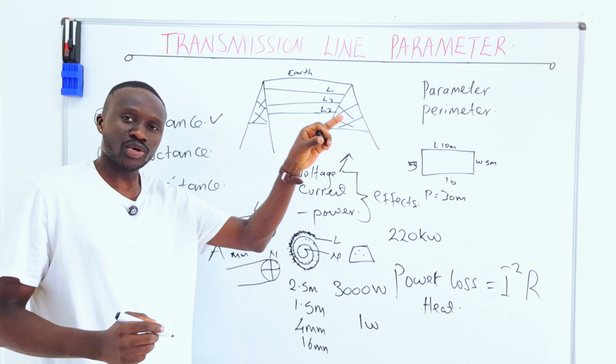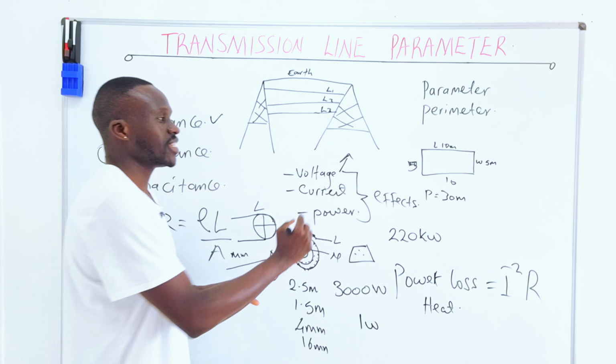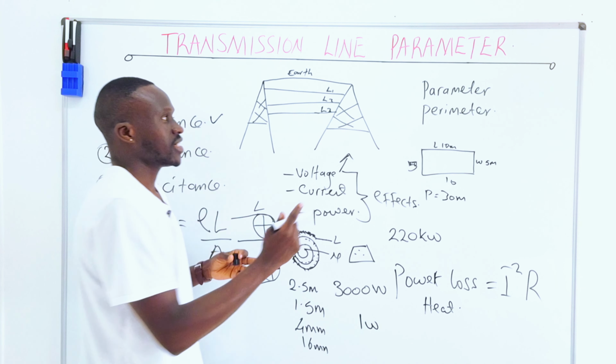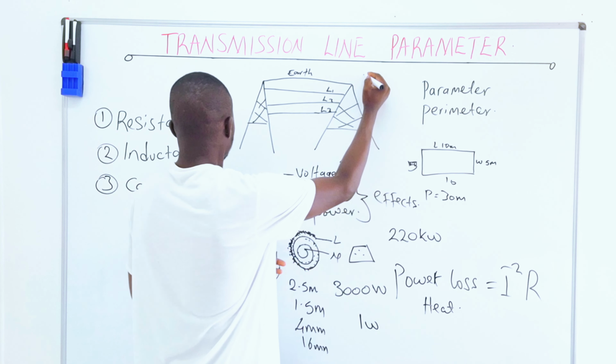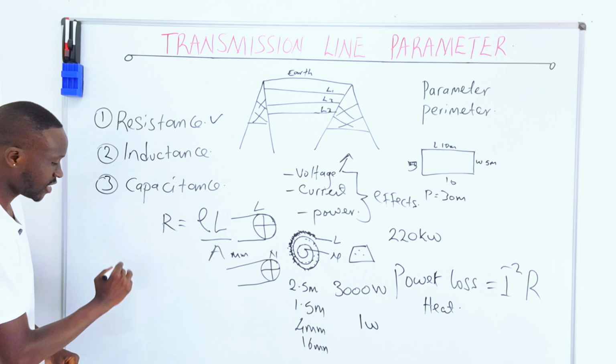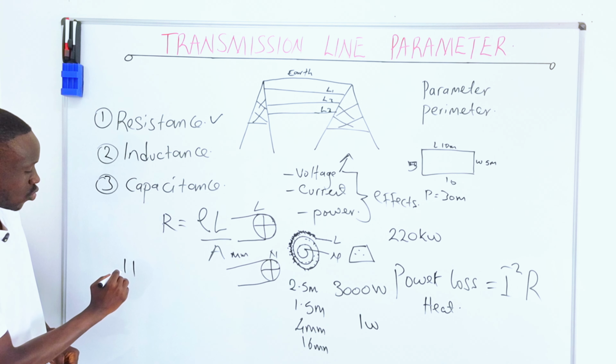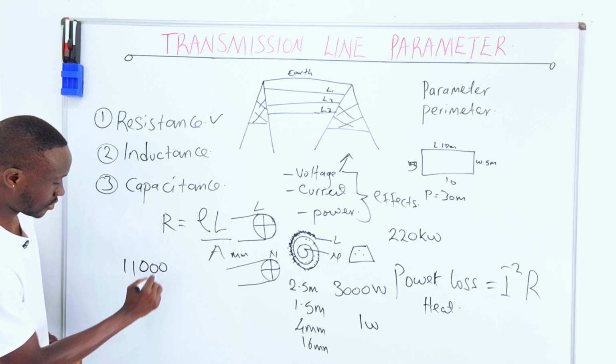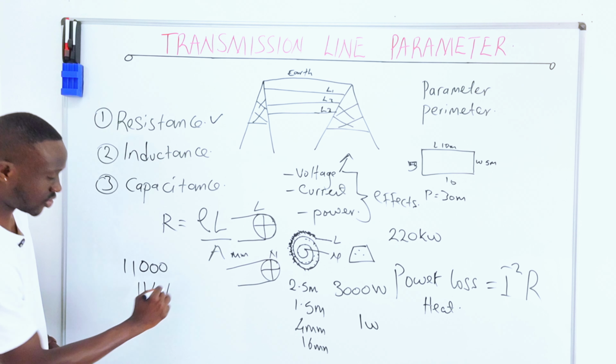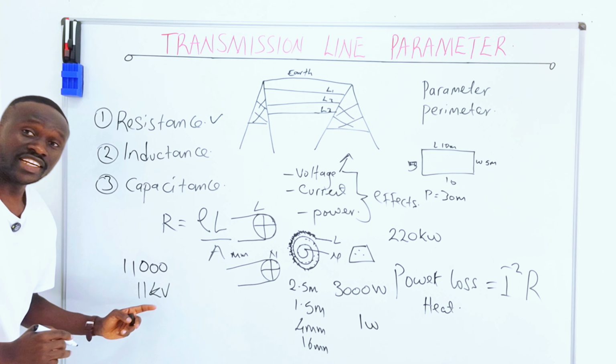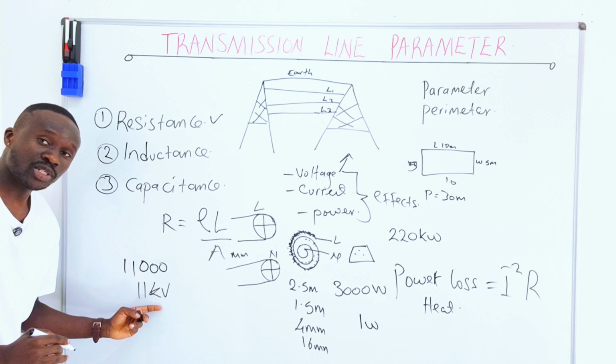Now, the transmission voltage: let's say they generated 11,000, this is 11k volts. This is the generation voltage.